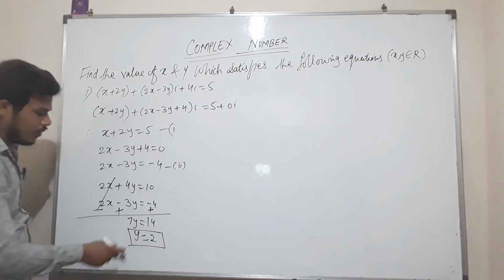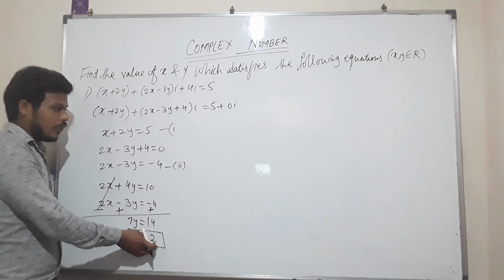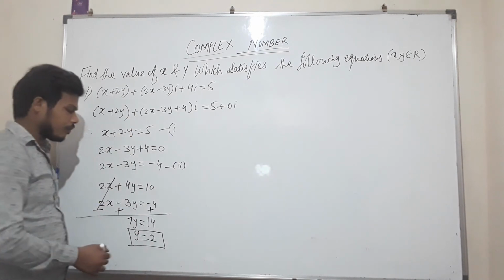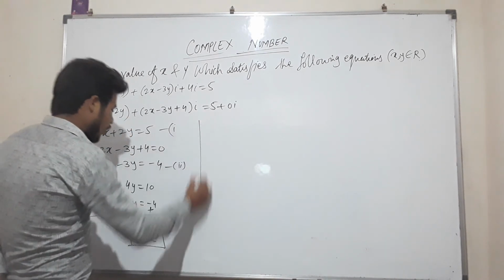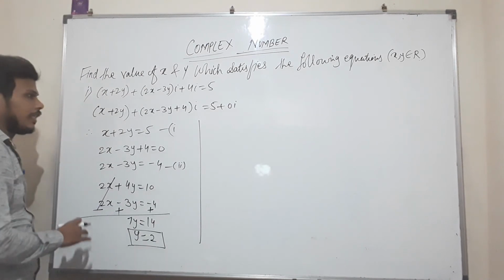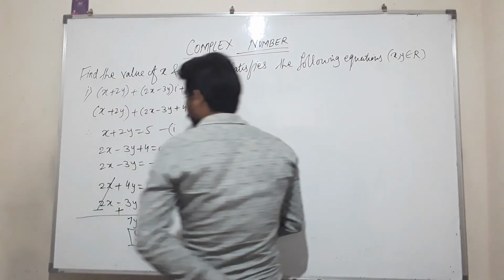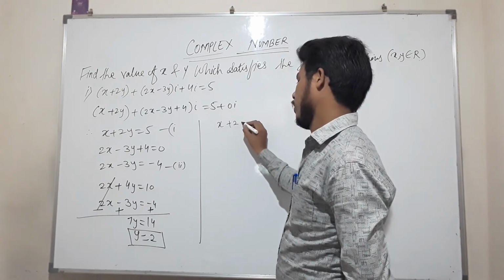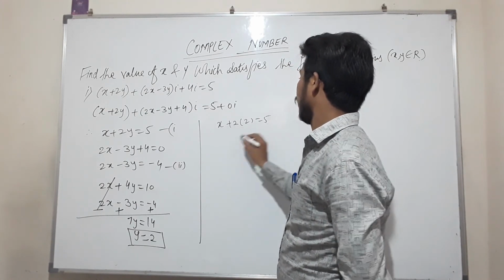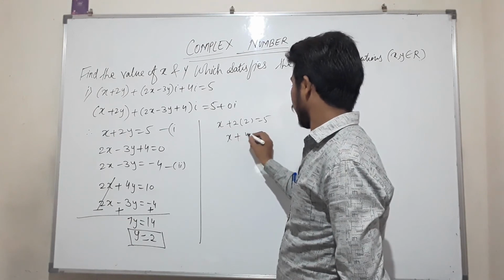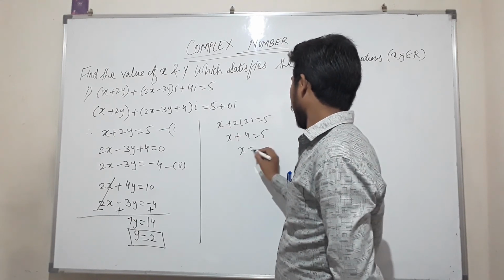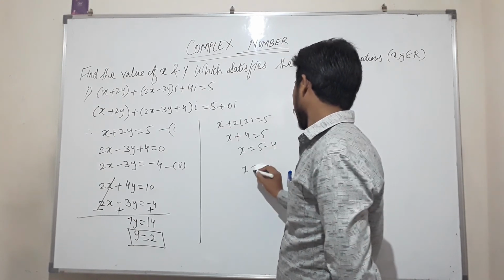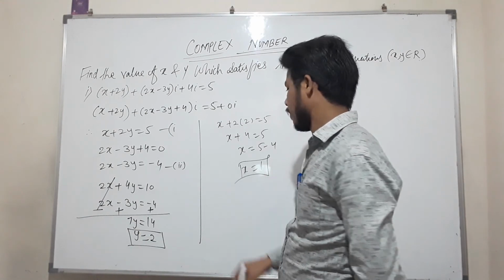Now you can substitute y is equal to 2 in any of the equations. So substitute in equation 1. It will be x plus 2 into 2 is equal to 5. So x plus 4 is equal to 5, so x is equal to 5 minus 4, so x is equal to 1.